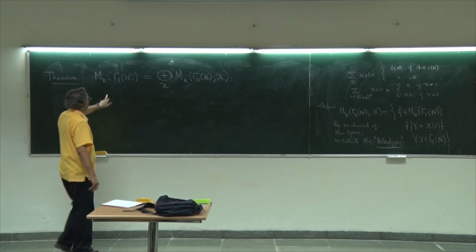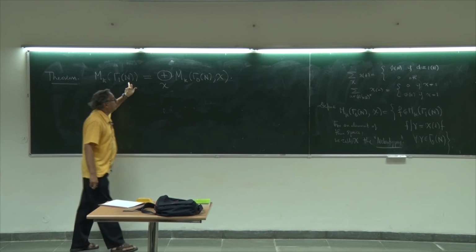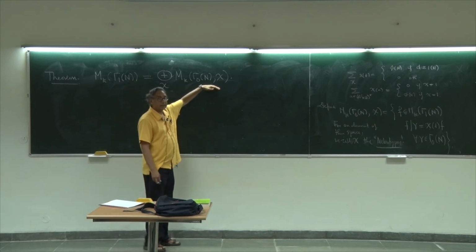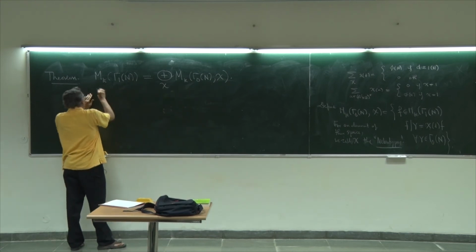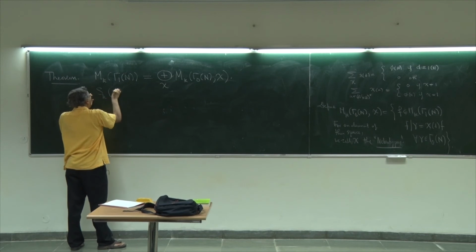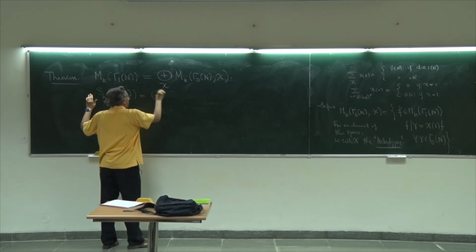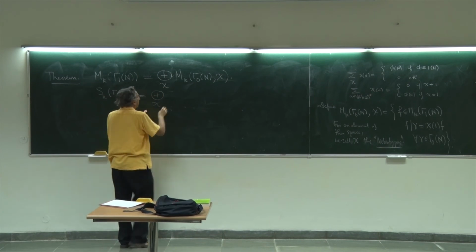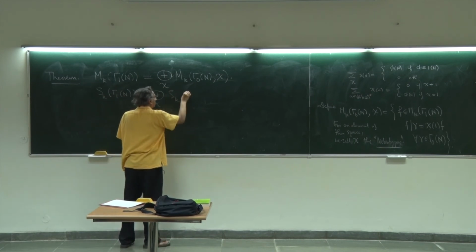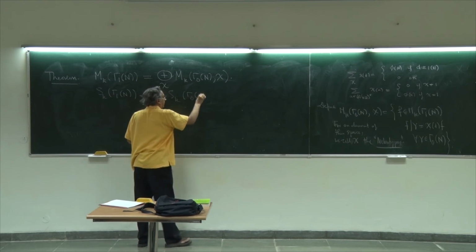Therefore, the study of these spaces is reduced to the study of these spaces. We have a similar decomposition. S_k of gamma 1 of n is also a direct sum over chi mod n of S_k of gamma naught of n, chi.